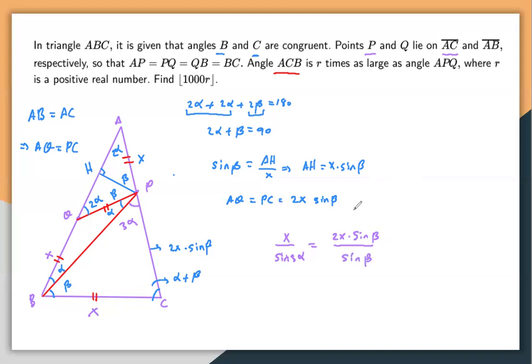Now you can swap this fraction. Some people like writing the sine first and the side after, so you can flip these fractions, which is the same thing. We easily cancel these terms, so you get sine 3 alpha times 2 equals 1. From there, sine 3 alpha equals 1 over 2.